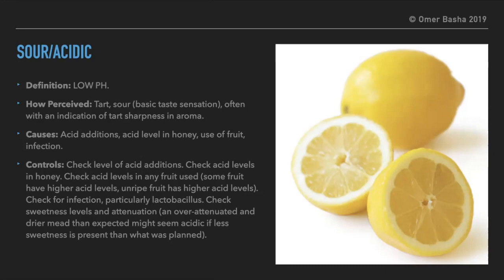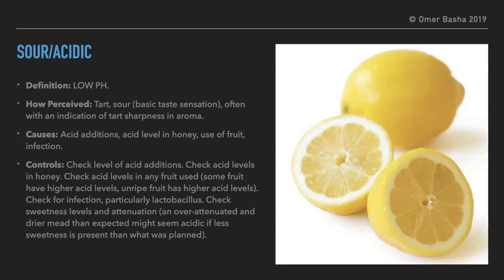The use of fruit and infection can all cause the mead to be too sour or acidic. To control it, check the level of acid additions, check acid levels in honey, and check the acid levels in any fruit used. Some fruits can have a higher acidity than others, like blueberries, for example. Unripe fruit will also have higher acidities than ripe fruits.